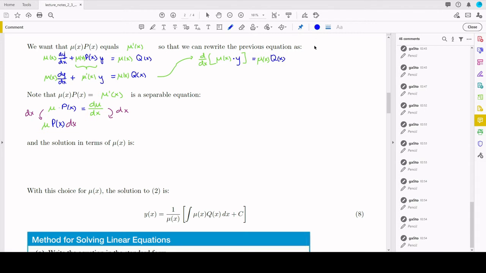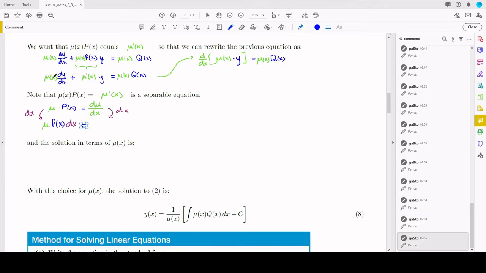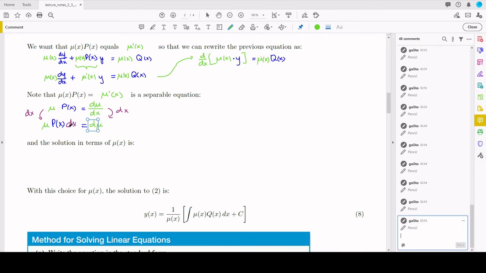And that equals, on the right hand side, notice that the dx's cancel, so on the right hand side we're left with just d mu. Now in order to integrate, we want all the x's on the left and all the mu's on the right. And we can do that by dividing by mu on both sides of this equation.